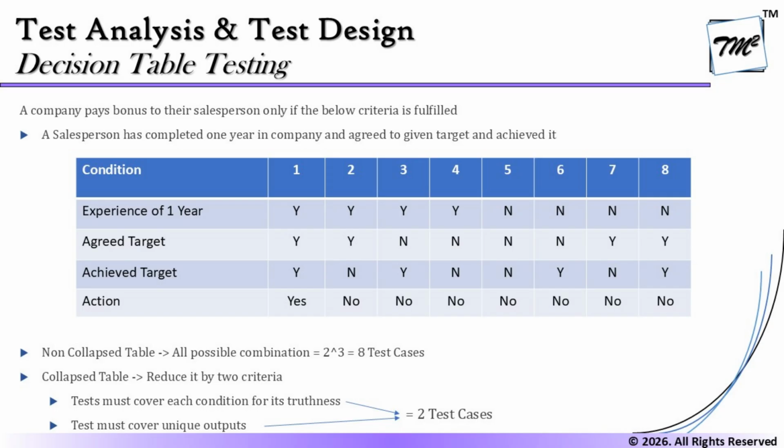Depending on the scenario, you can choose any other test case which has more relevancy and condition fulfillment, but any of the 7 test cases would be realistic enough to consider. But sometimes you have scenarios where you may not blindly consider something. For example, look at test case number 6, where the person has not completed any experience, the agreed target is also not fulfilled, but claims that they have achieved the target.